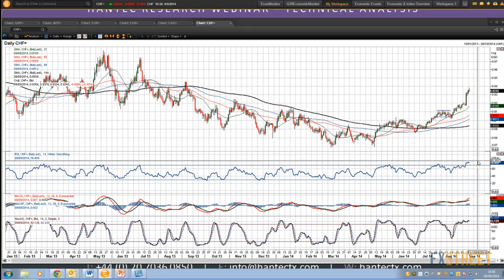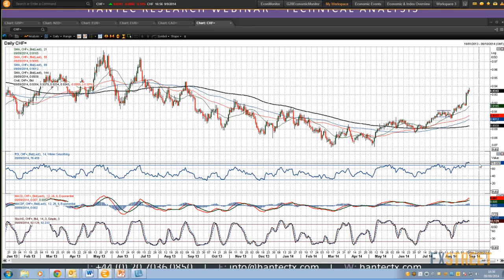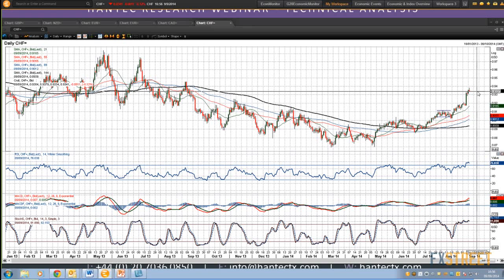It is incredibly overbought. RSI up at record levels, but again, at some stage, as with that euro, I think that there's going to have to be a big retracement, or a retracement of some degree. I don't see that this is going to go one way forever. These things never really do.